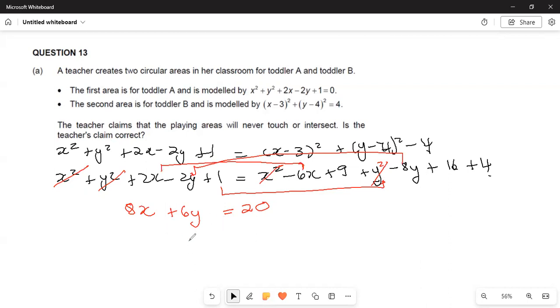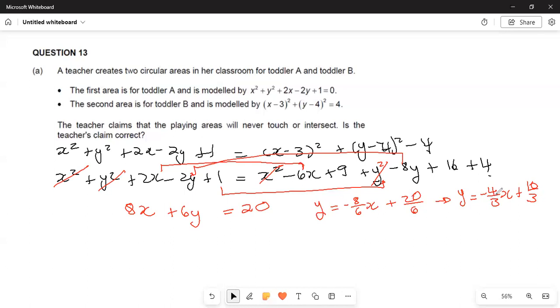In this case, they chose to write it with regards to y, and say y is equal to negative 8 over 6 x plus 20 over 6. In simplified terms, y is equal to negative 4 over 3 x plus 10 over 3.